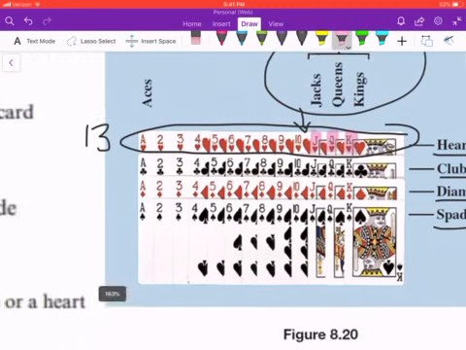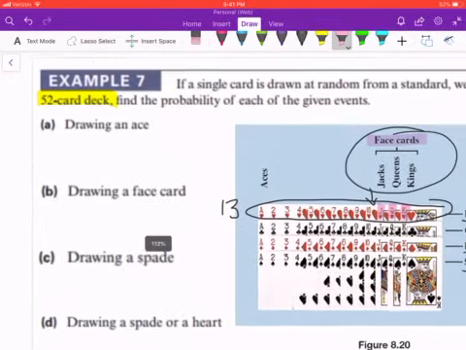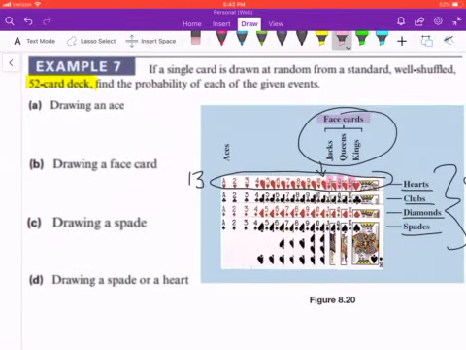And by the way, this problem should be helpful with your take-home exam. So here we're going to calculate the probability of getting certain cards if a single card is drawn at random from a standard well shuffled 52 card deck.